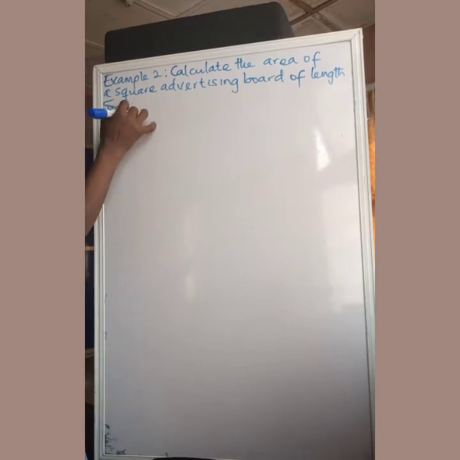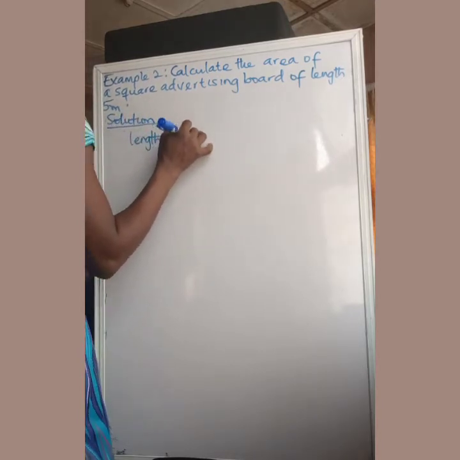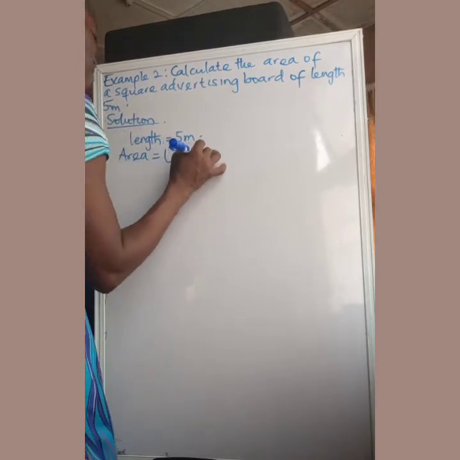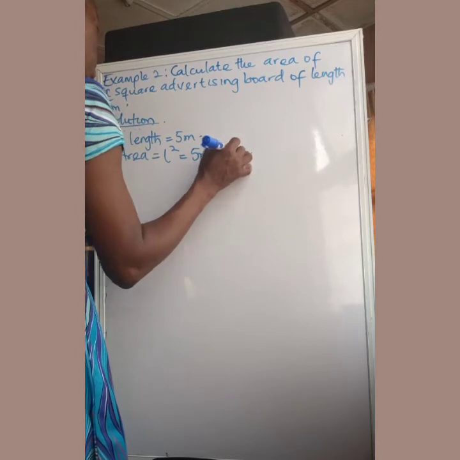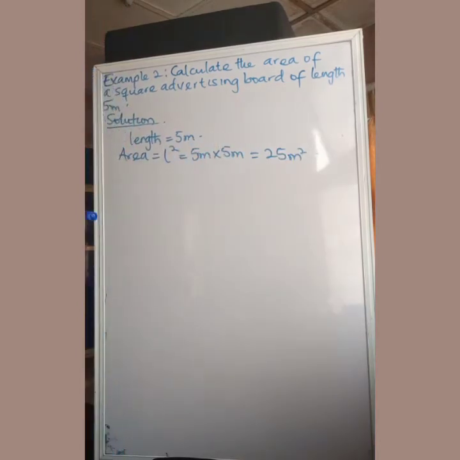Now, they've given you the length, and we know that the area of square equals, now you tell them you're given the length. Length equals 5 meters. Area equals length squared, which is 5 meters times 5 meters. And we'll be having 25 meters squared because it is meters times meters.